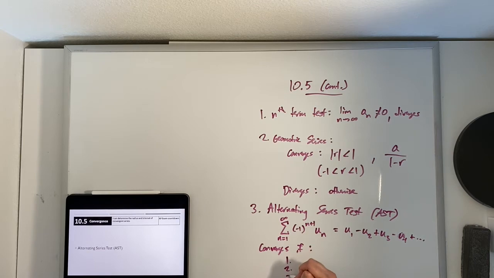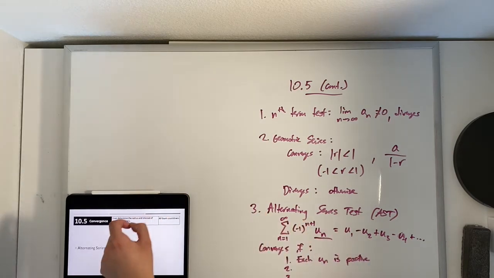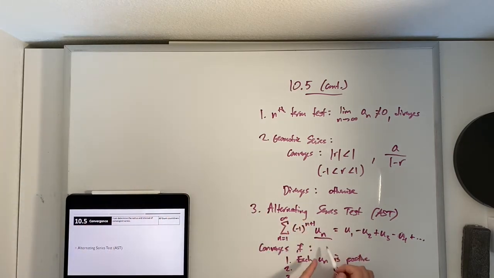if we meet three criteria. First, if we ignore that alternating sign, this u sub n that's left over, that must be positive in each term. That's our first criteria.